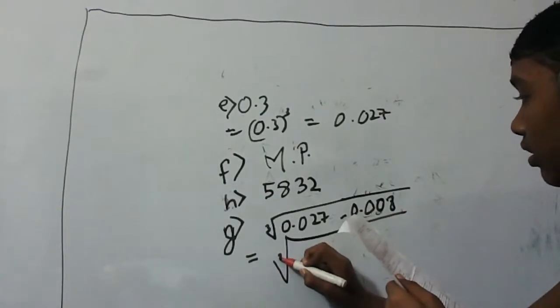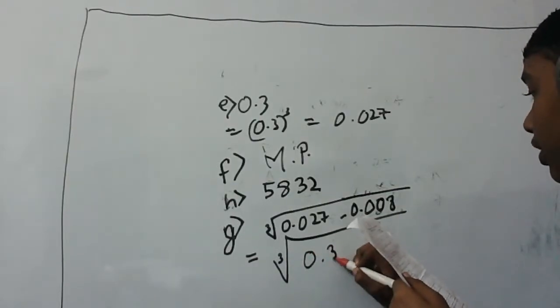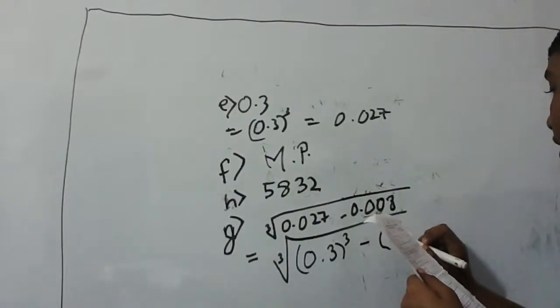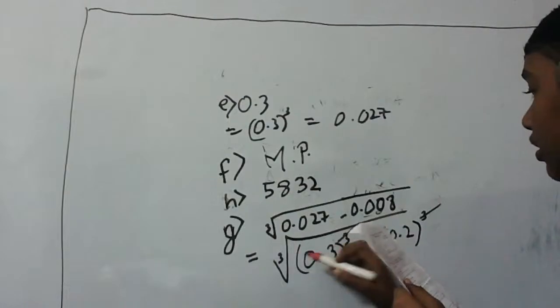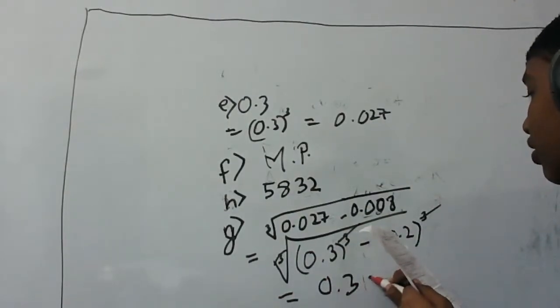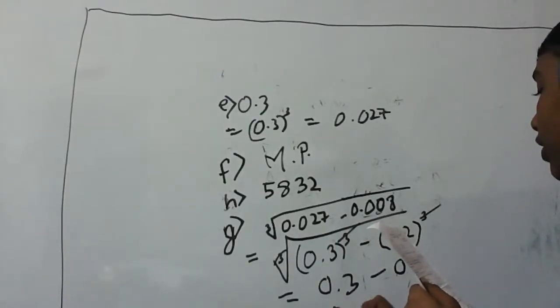We know that 0.027 is the cube of 0.3 and 0.008 is the cube of 0.2. Therefore, cube will be cut and 0.3 minus 0.2 equals 0.1. Answer.